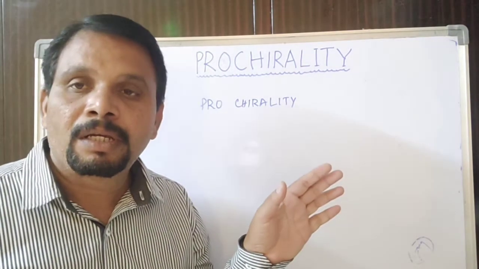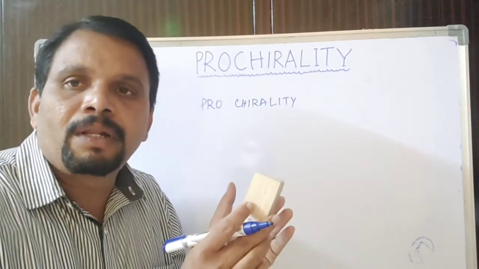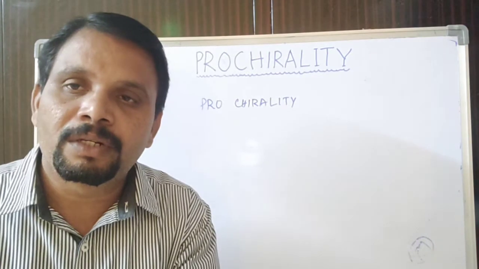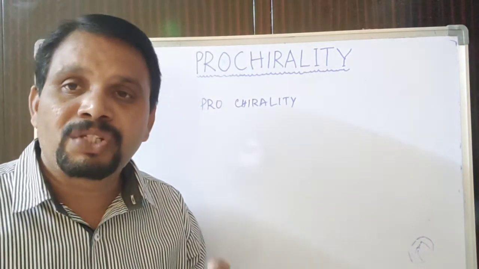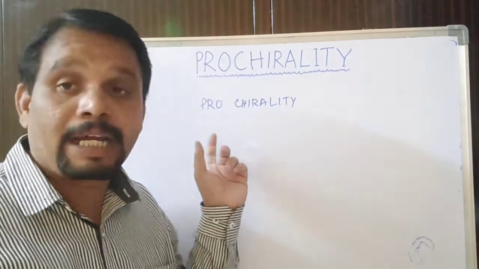Prochirality means the prochiral molecule is converted to a chiral molecule by using some stereoheterotopic units. That property is called prochirality.